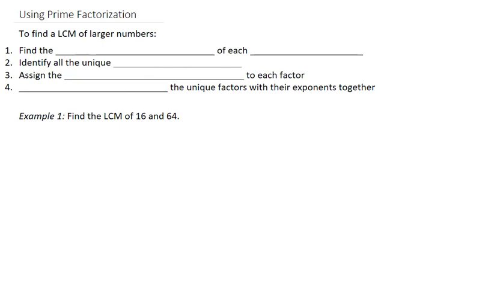Using prime factorization to find a least common multiple of larger numbers, we have a few steps we can follow. So we find the prime factorization of each number.